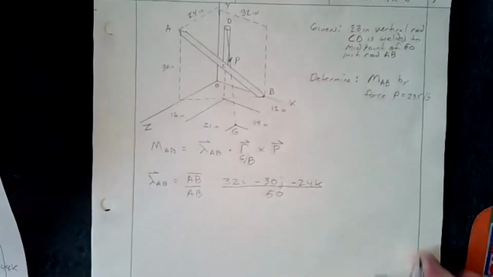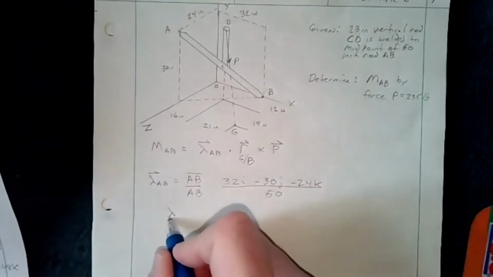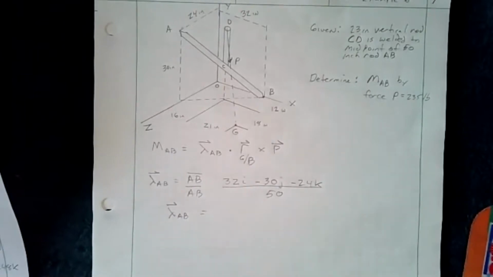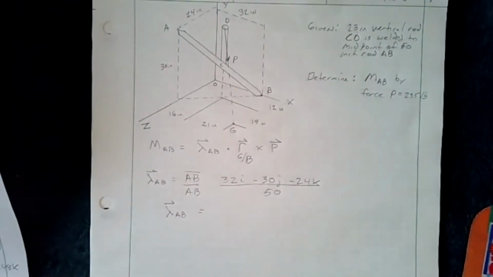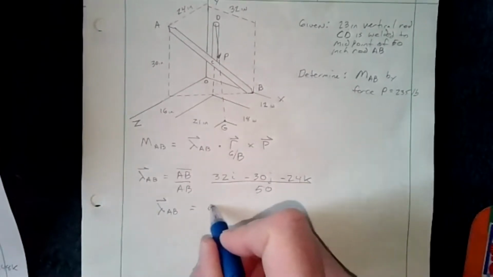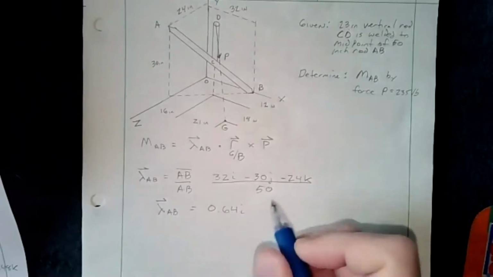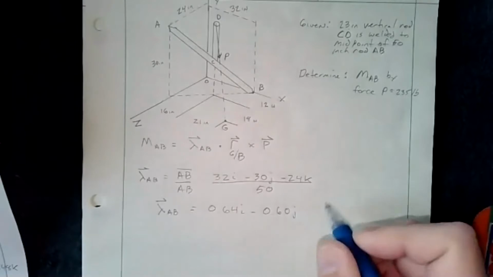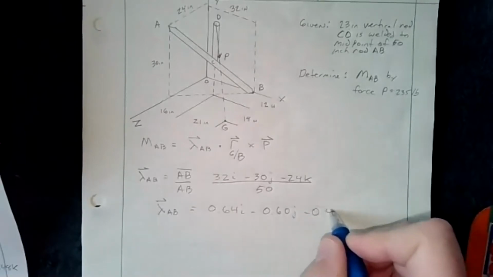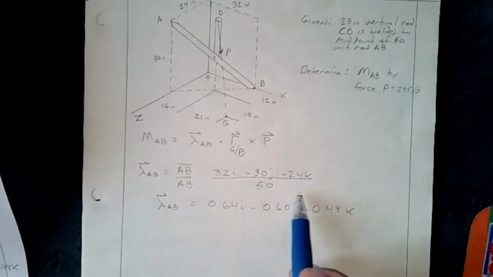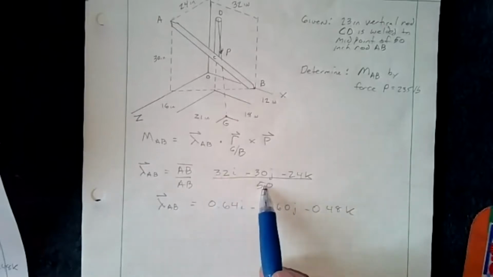So I end up with lambda AB equals 0.64 I minus 0.60 J minus 0.48 K. You could leave it as a fraction or not, but this is a pretty easy fraction, 32 over 50.